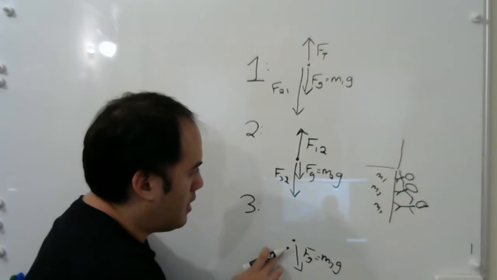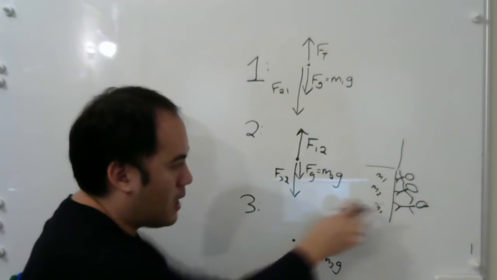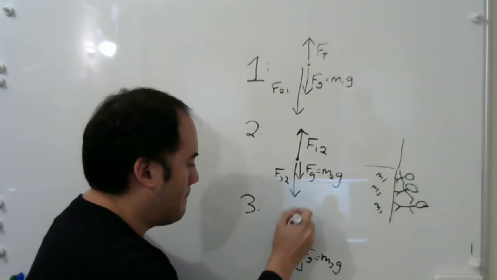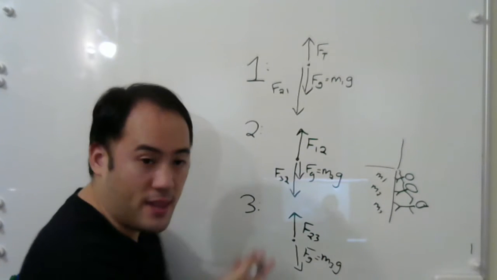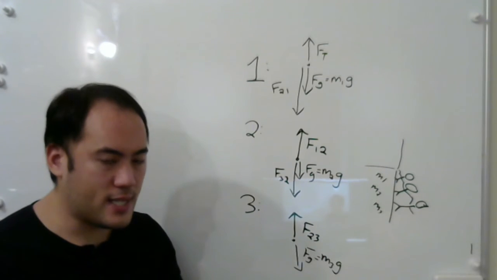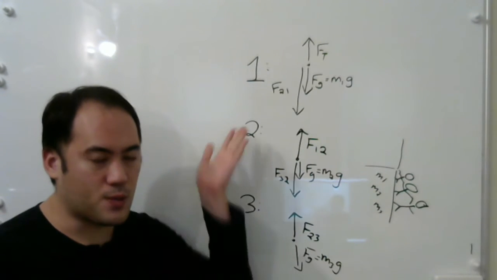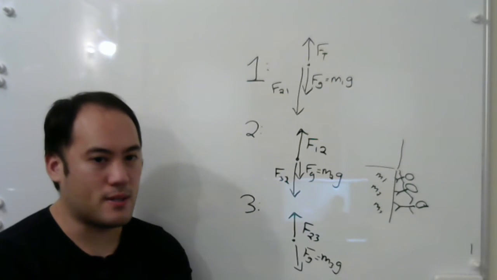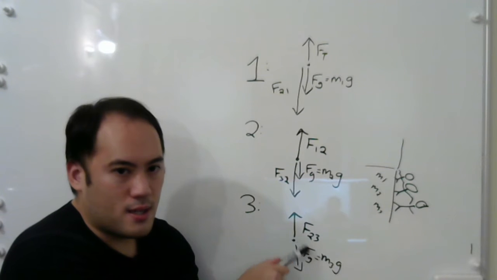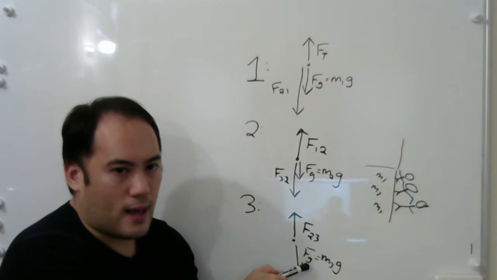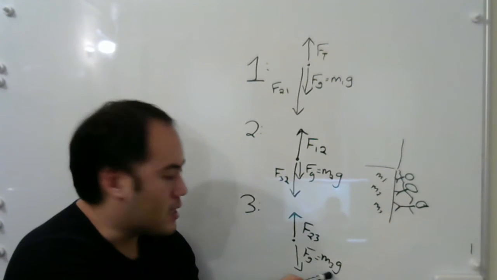Person 2 pulls up on person 3. And that's it. That's the full free body diagram for person 3. So we have three free body diagrams for 3 people. You can solve for F23 because you know M3 and G.